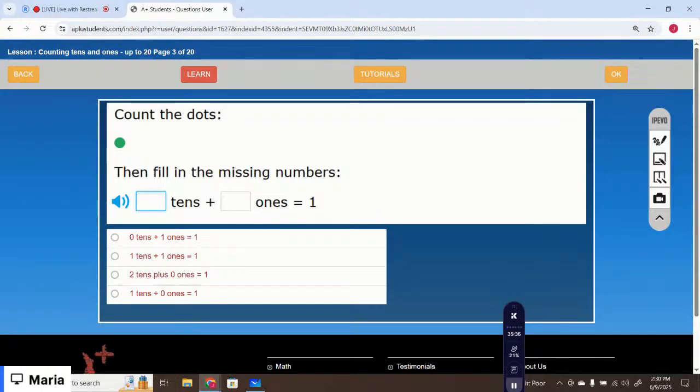Count the dots. That is zero tens and one one. Option number one is the correct option.